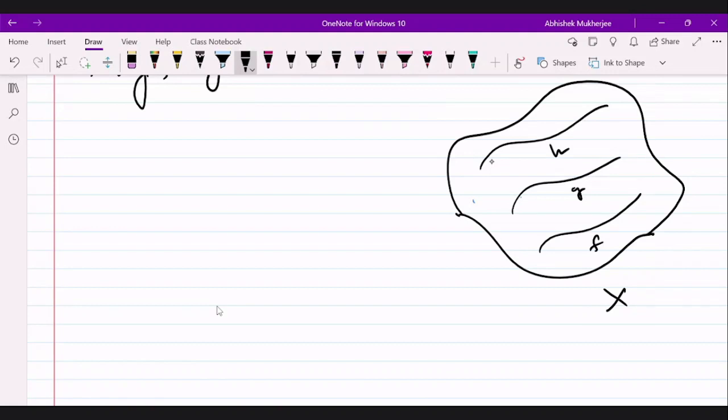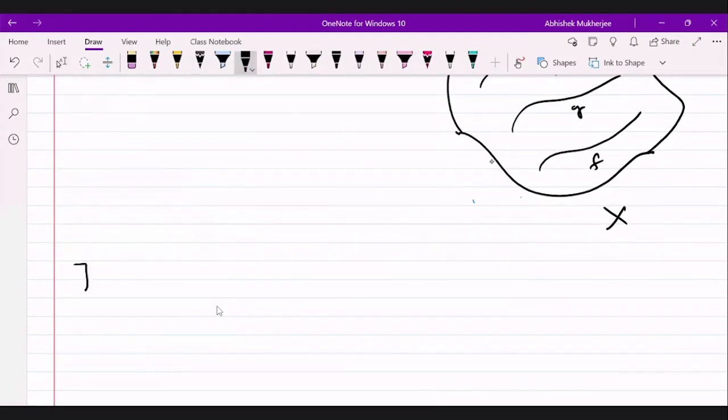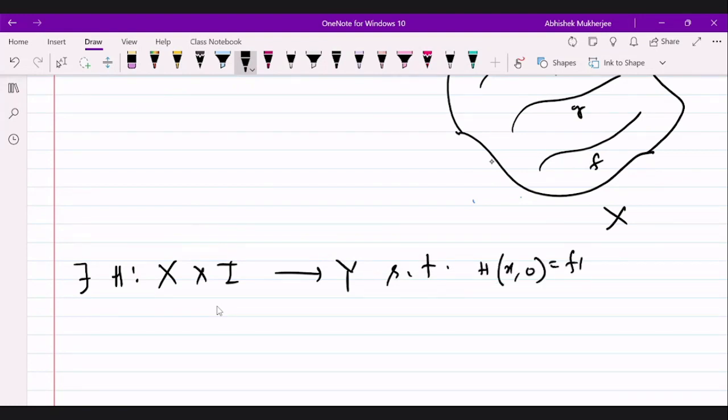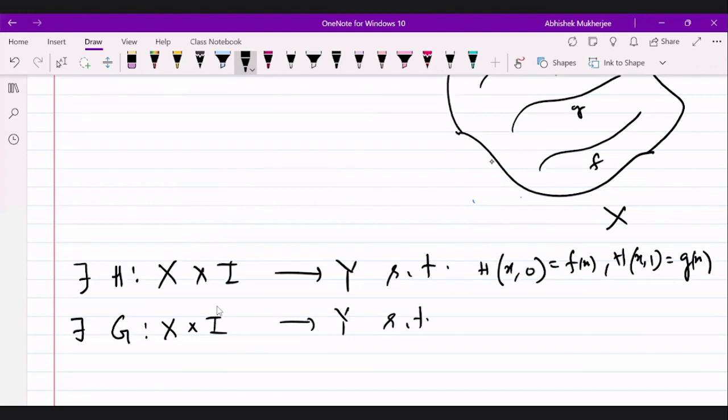Let us call it capital H. So there exists a continuous map H from X cross I to Y, such that at the 0th level it is F, and at the 1th level it is G. Likewise, you can have another continuous map from X cross I to Y, such that at the 0th level you will get G, and at the 1th level you will get H.